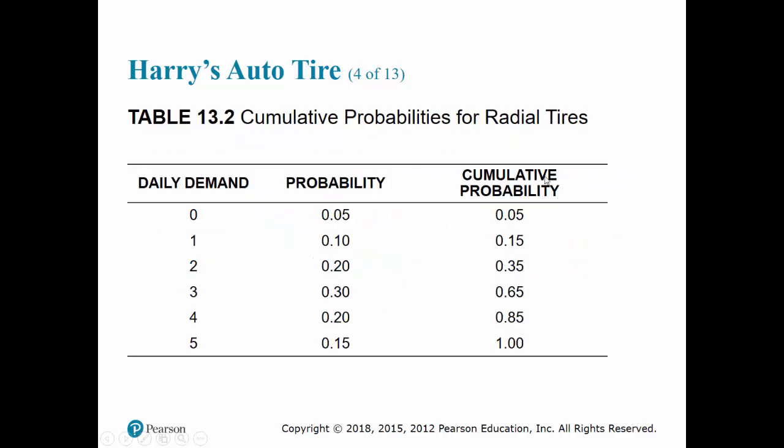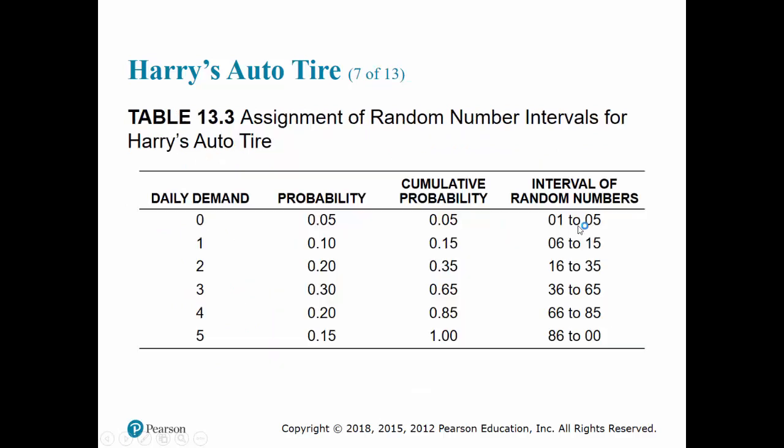If you convert this cumulative probability into ranges, you get 1 to 5, then 6 to 15, 16 to 35, 36 to 65, 66 to 85, and then 86 to 00, 00 being the equivalent of 100.